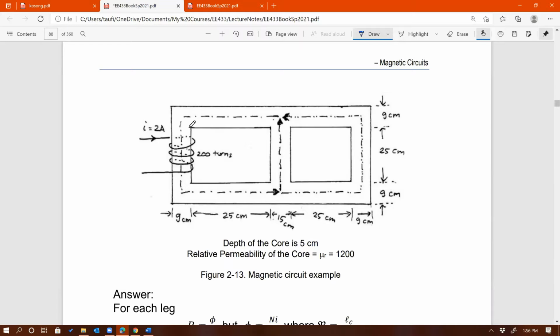Before we even solve this problem, we should be able to kind of predict which one has the highest flux density. Which leg? The left, the center, or the right?